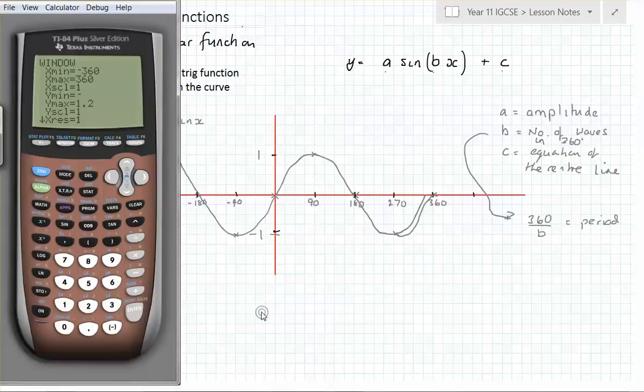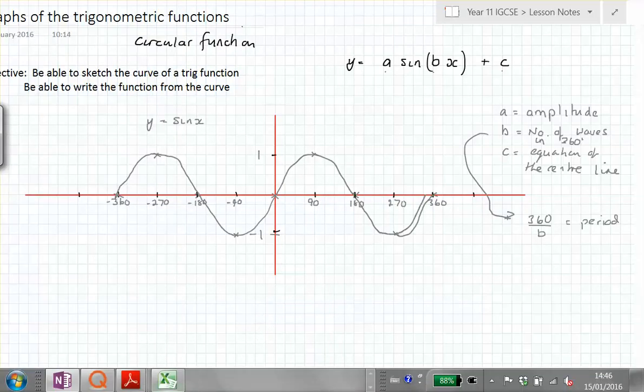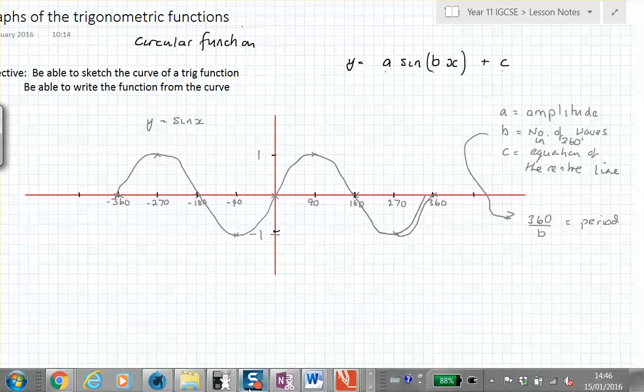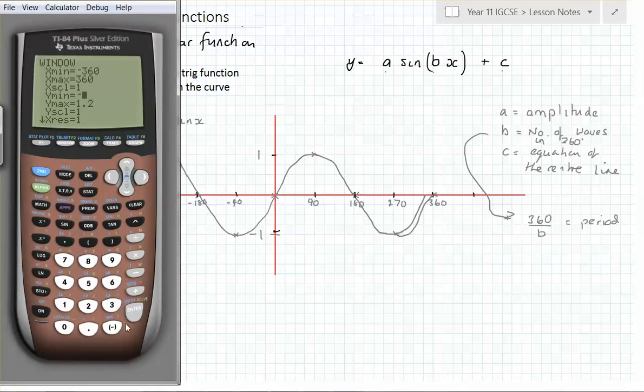I'm going to do 2.2 just because it gives me that bit of clearance. Graph. Hasn't changed. Oh yeah, there we go.